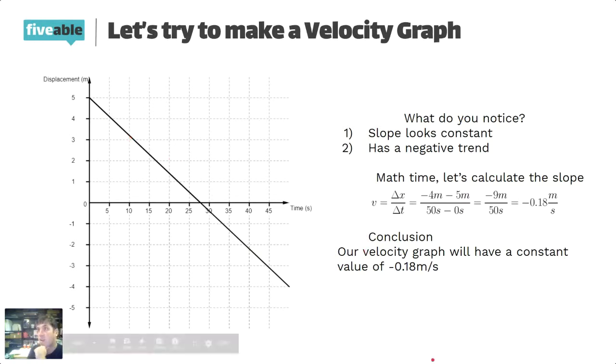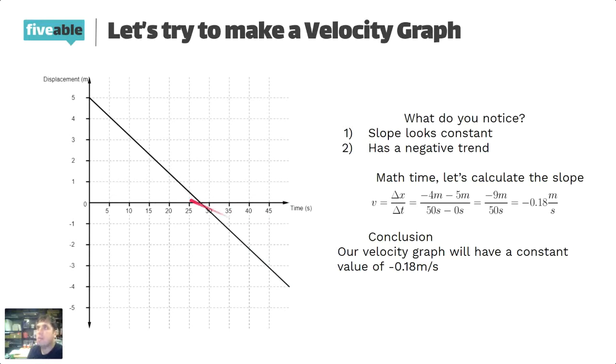Pick the, oh, this looks like it hit -4 and this is 50 seconds. Or maybe this 0 point works, that this looks like it's 27.5, halfway in between, and this took 5 meters. Something like that is where you're going to want to pick your points from. We don't want to pick it from other random things or other tough points to guess from. Always pick the easy ones.